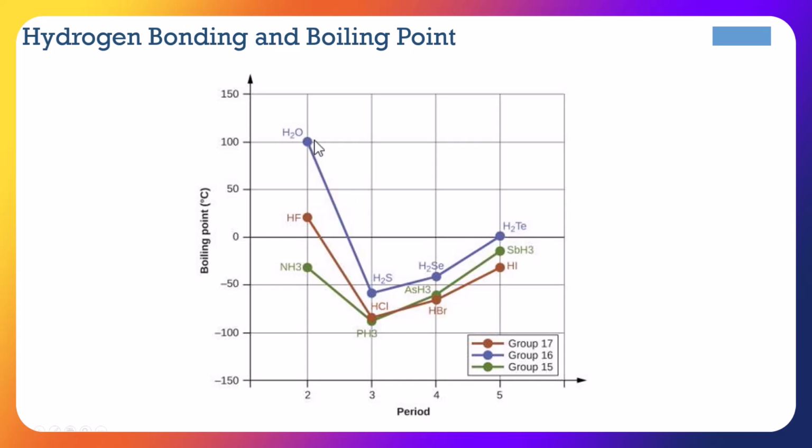What intermolecular force are we dealing with now? We're dealing with hydrogen bonding, right? So hydrogen bonding is stronger than dipole-dipole. Hydrogen bonding is that extreme electronegativity difference, that extreme polarity difference.